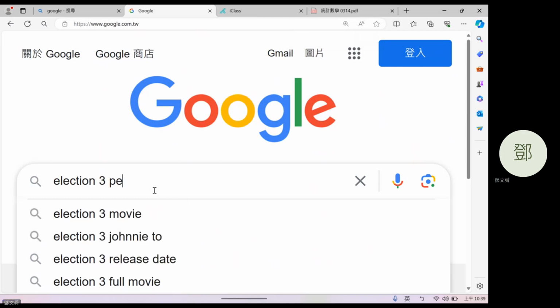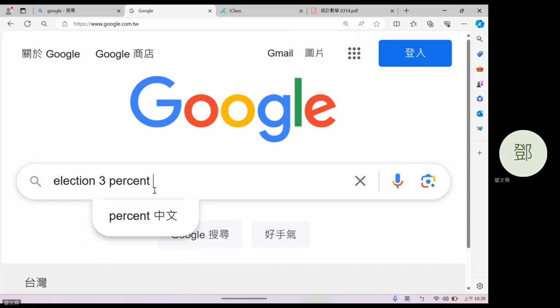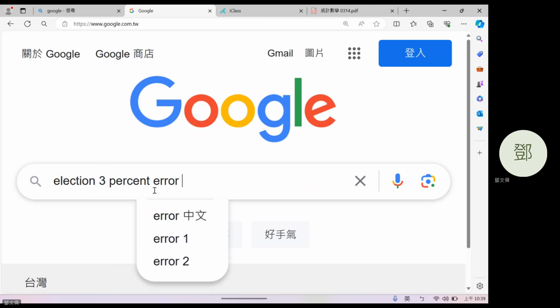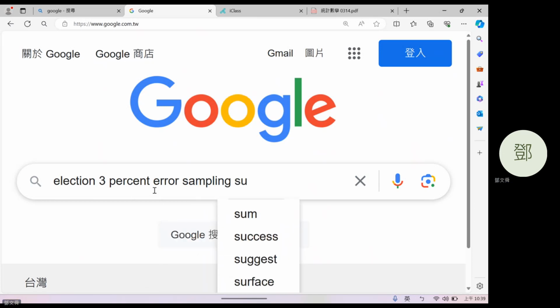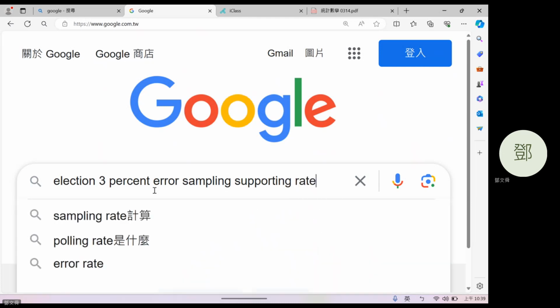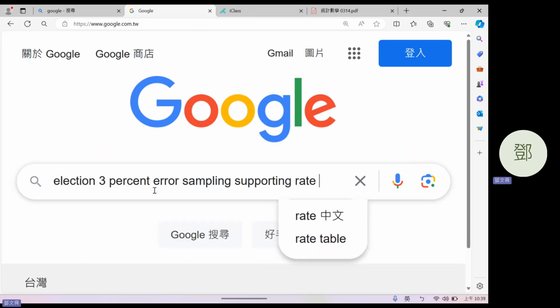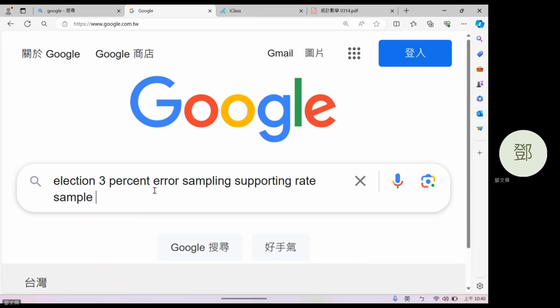3% of error. Sampling. Supporting rate, presidential election supporting rate, sample size.